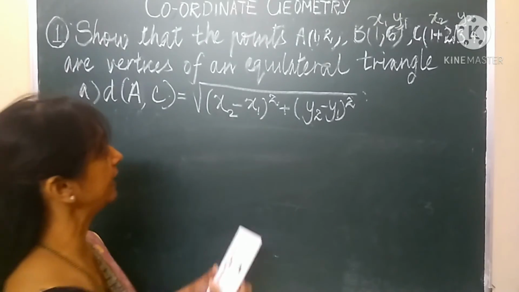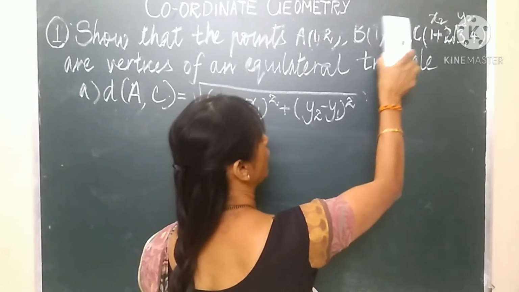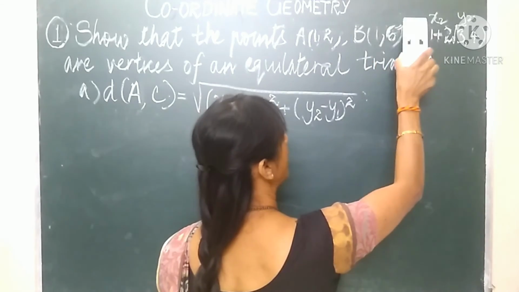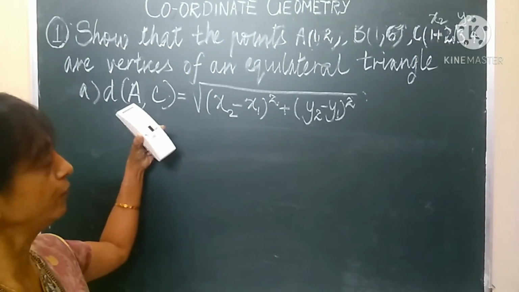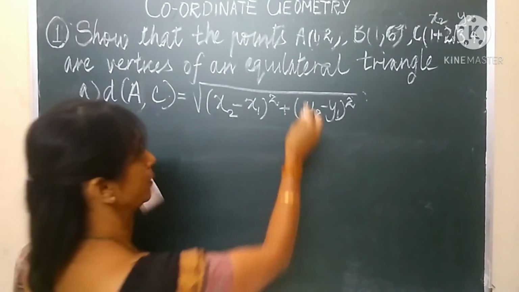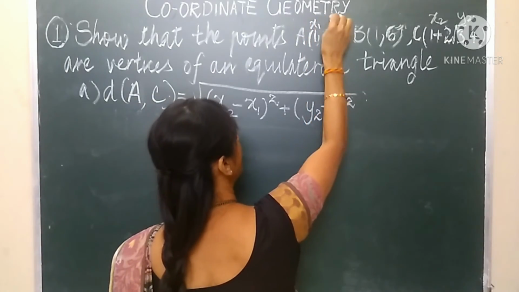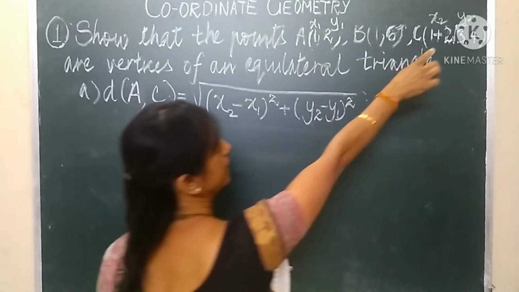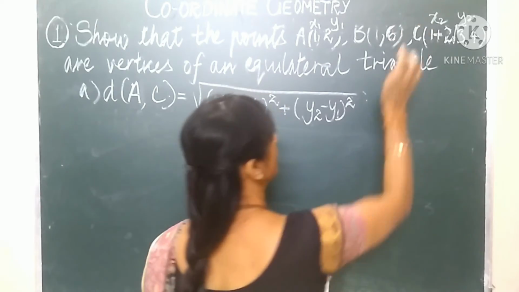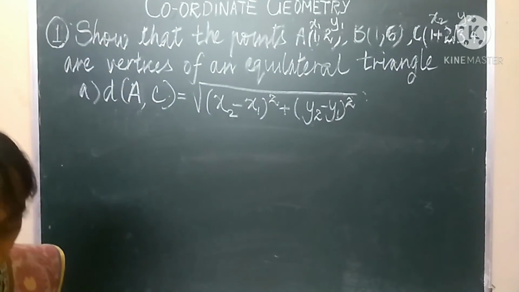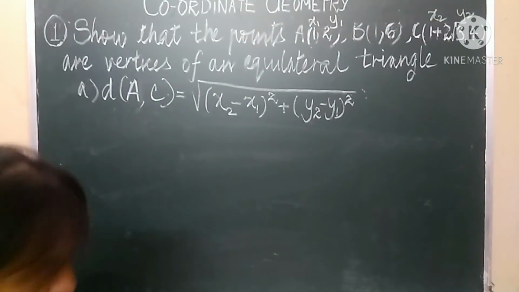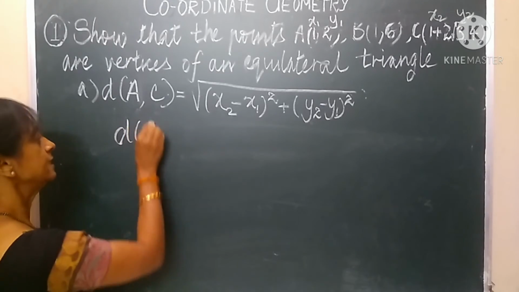So let's assign the coordinates as x1, y1 and x2, y2. So we are considering points A and C. So A can be considered as x1, y1 and C can be considered as x2, y2.